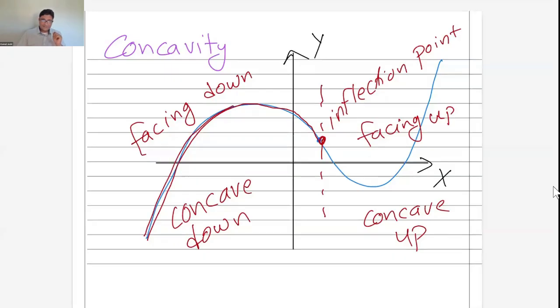So this could be something like a disease spreading in a community. It might be growing rapidly, but gradually, it starts to flatten, right? More and more people are infected, but the rate is decreasing. Okay, and gradually, at some point, it hits a peak, and then the number of infected people starts dropping, right?